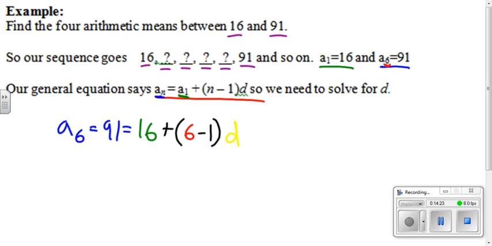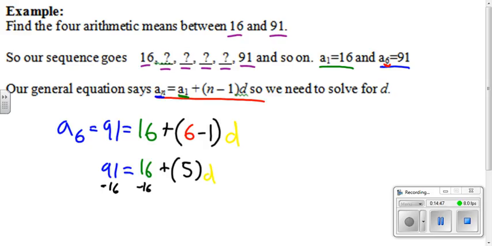So from here we say 91 equals 16 plus 6 minus 1 times d. 16 plus 6 minus 1 is 5 times d. So we have to take 16 away from both sides. Minus 16, minus 16.